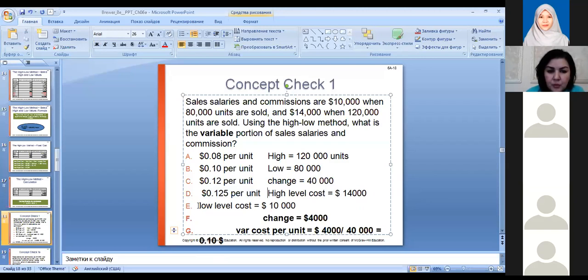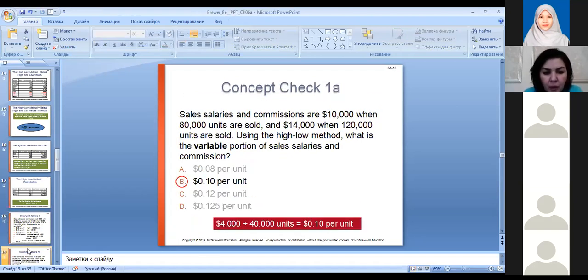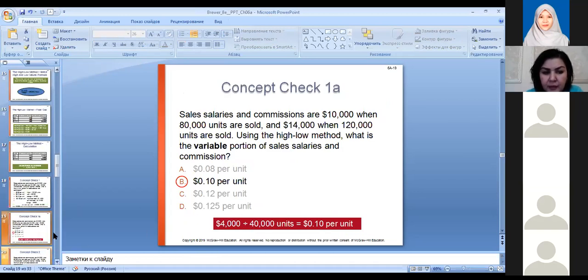Good. So this is how to calculate it: change in cost divided by change in units of activity level.